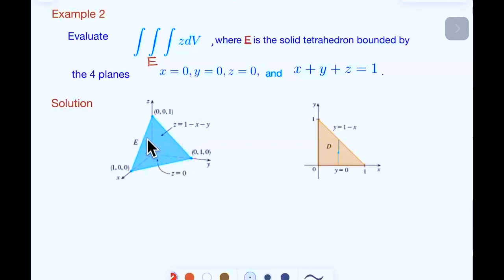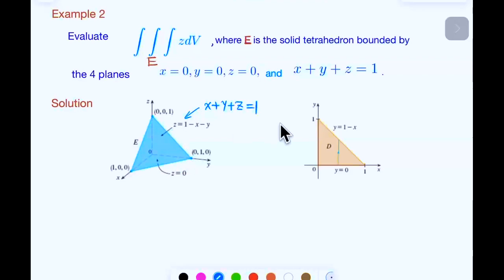And y equals 0 will be the xz plane, so that over here. And then z equals 0 is the xy plane, so down here. And then x plus y plus z equals 1 is this plane over here.